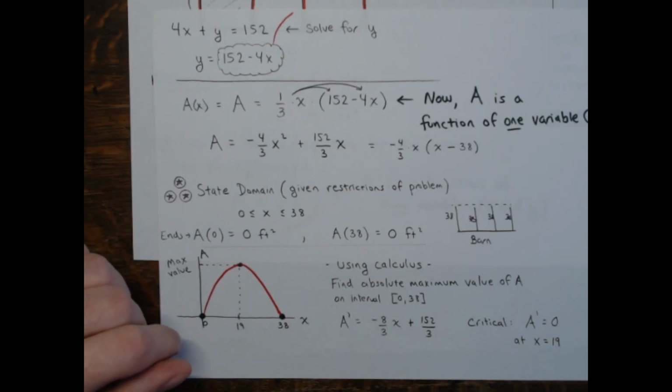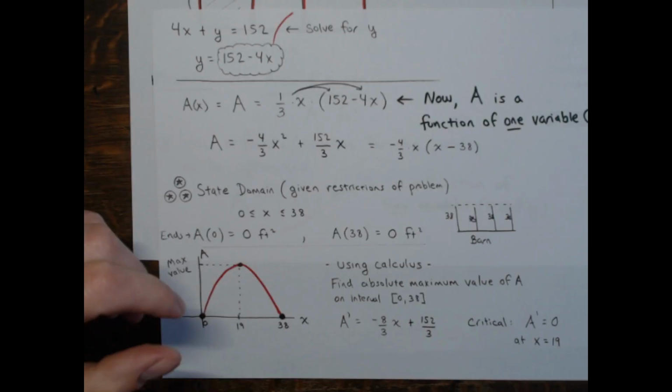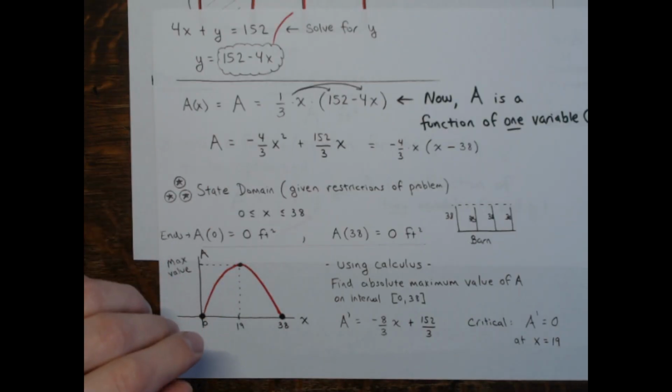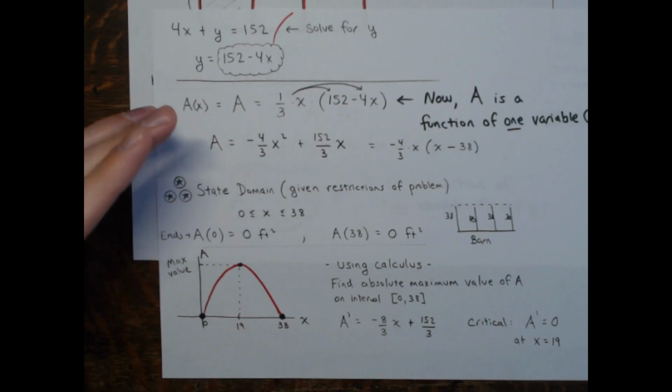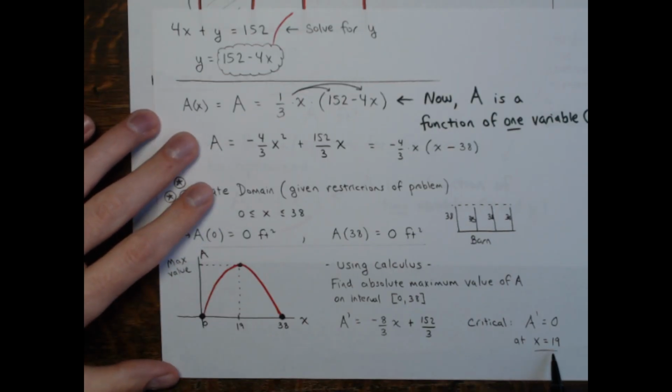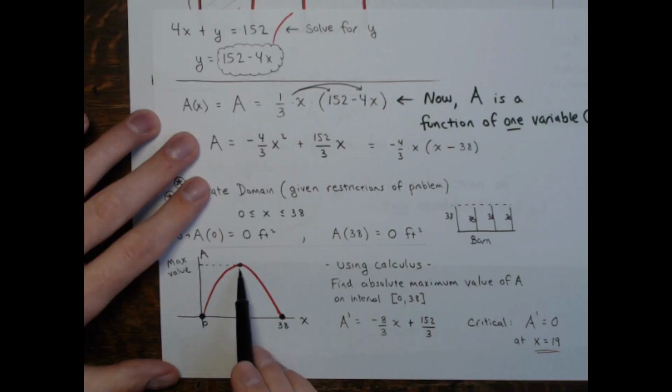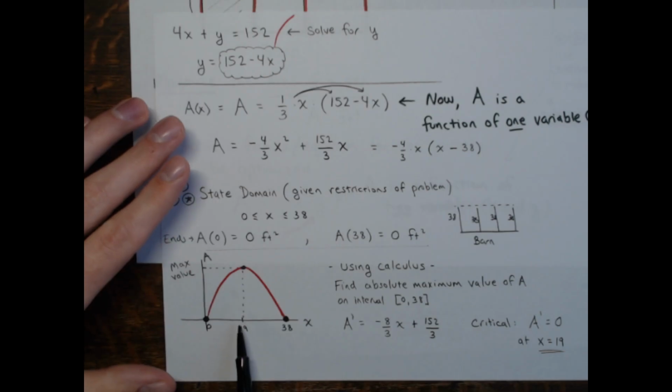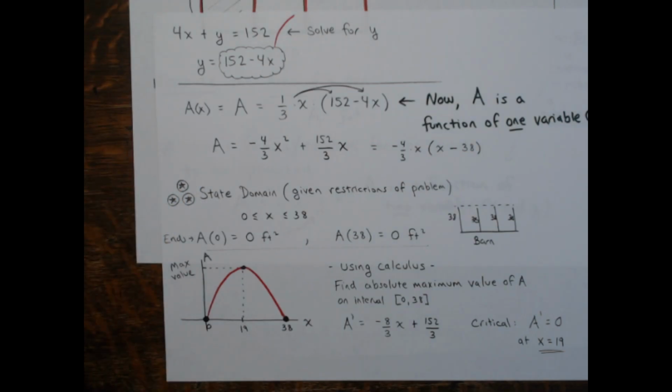You'd have 1 with 72 left over, and then that's nine more. 80 and 72 is 152. So like I saw in my picture, using the symmetry of a parabola, a quadratic, this has got to have a maximum area when this value of x is 19.